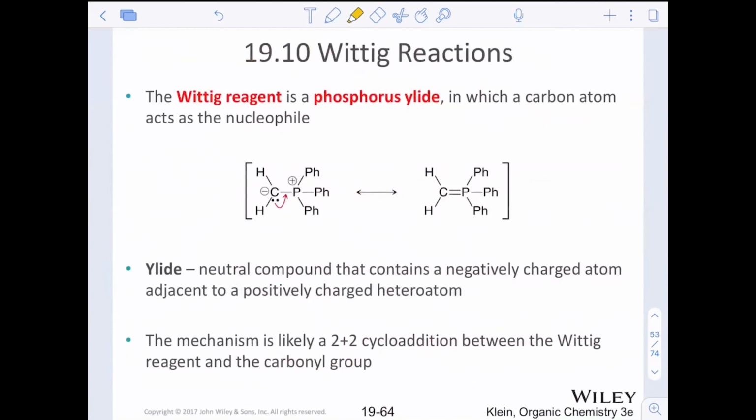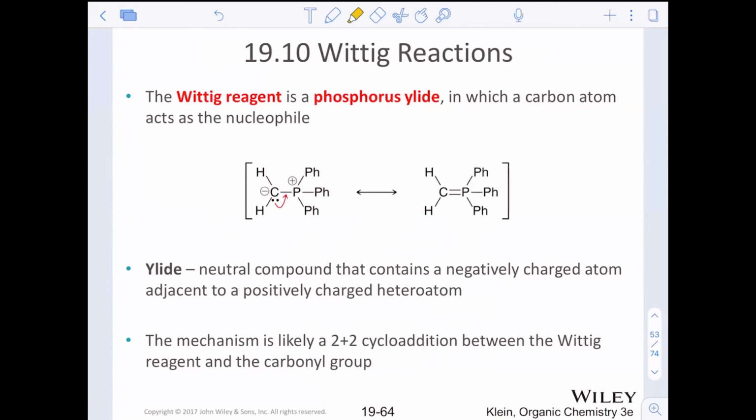A phosphorus ylide is a carbon atom that acts as a nucleophile, and that carbon atom is also attached to a phosphorus. A ylide is a neutral compound that contains a negatively charged carbon atom adjacent to a positively charged heteroatom, typically phosphorus, which is the one that we're going to use.